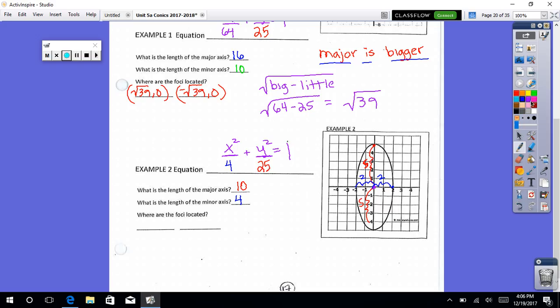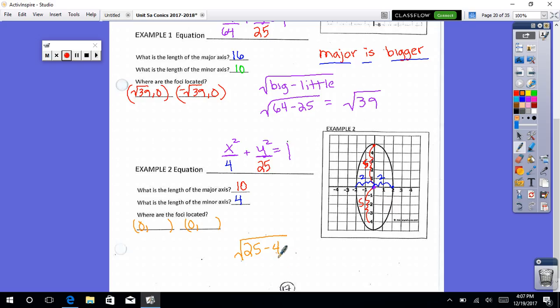On that same note, our foci are now going to be on this y-axis. If my foci are on the y, that means I have an x-coordinate of 0. To figure out where my y-coordinate is, remember it's big minus little, and you take the square root. So I have 25 minus 4, and I take the square root of that.